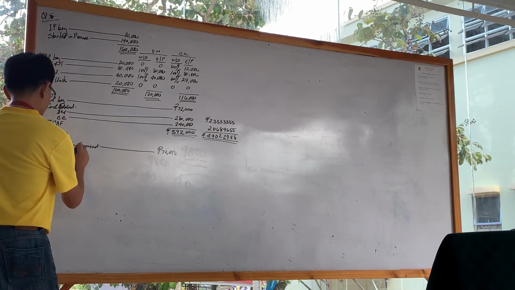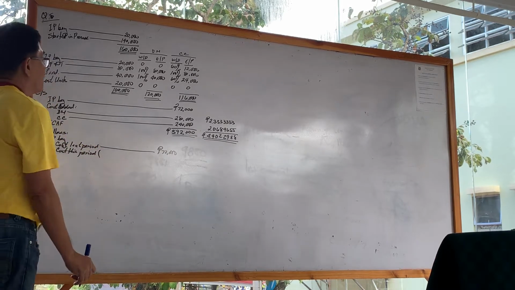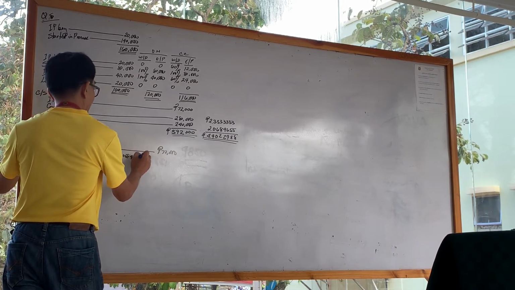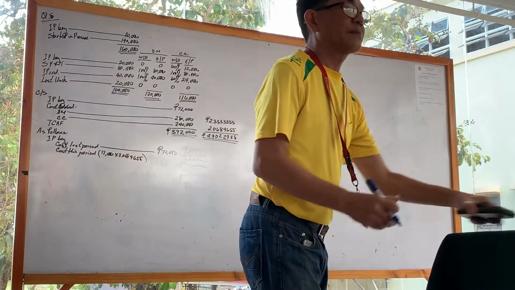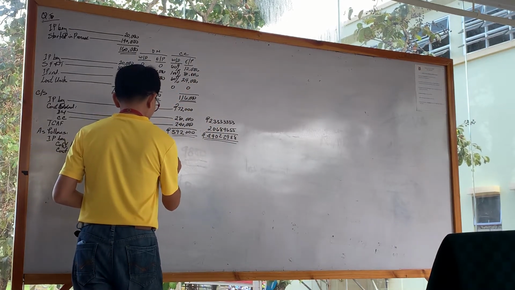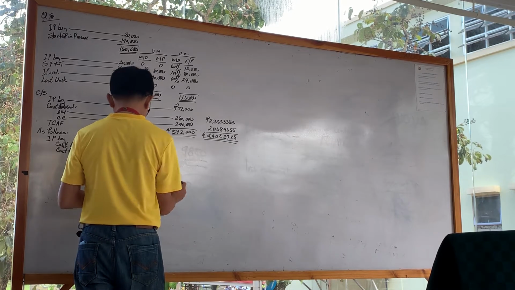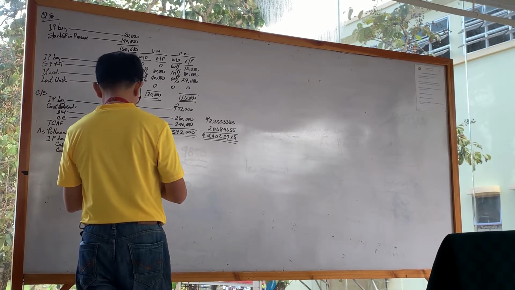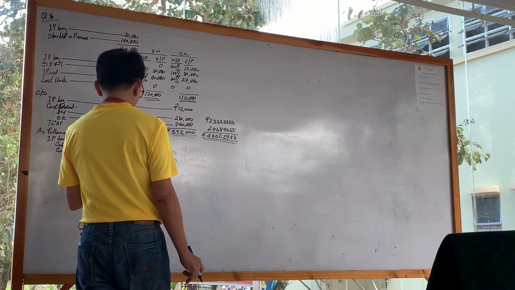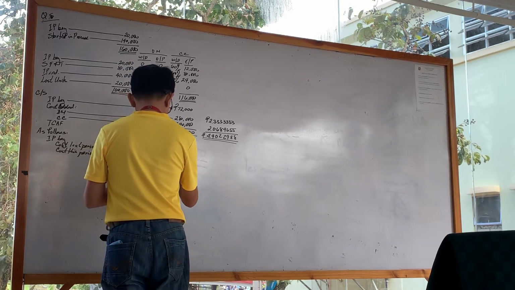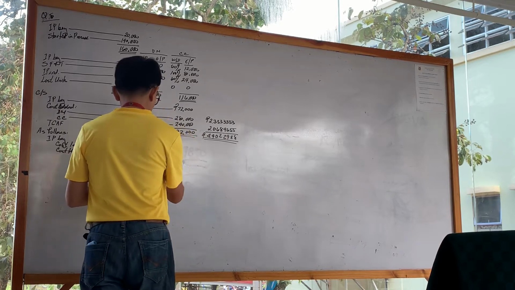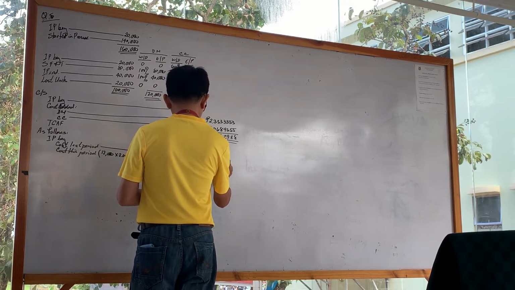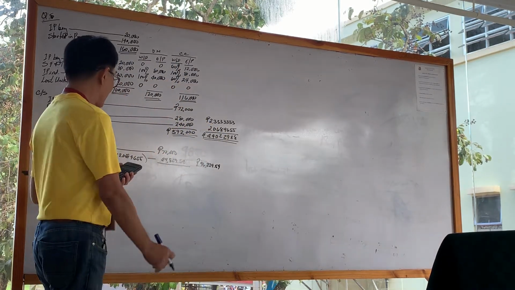For your cost this period, that is 12,000 times 2.068965, which is 24,827.59. Total 96,827.59.